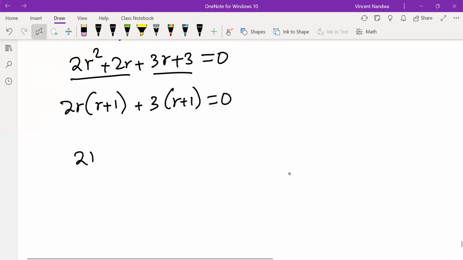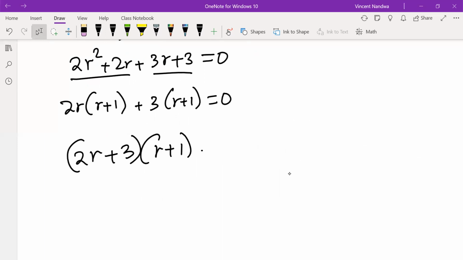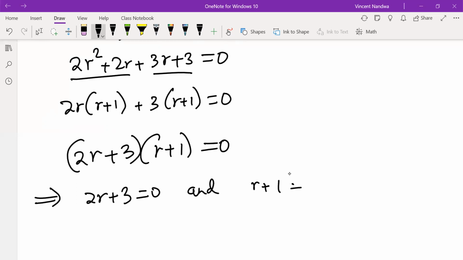So (2r plus 3) into (r plus 1) equals 0. So this means 2r plus 3 equals 0, and or r plus 1 equals 0. So here 2r equals minus 3, which means r equals minus 3 over 2, and r equals minus 1.